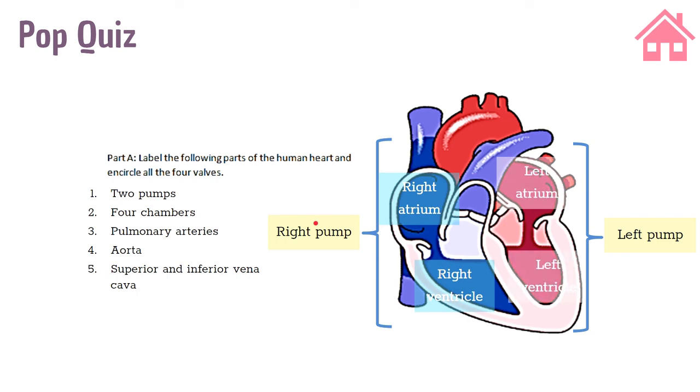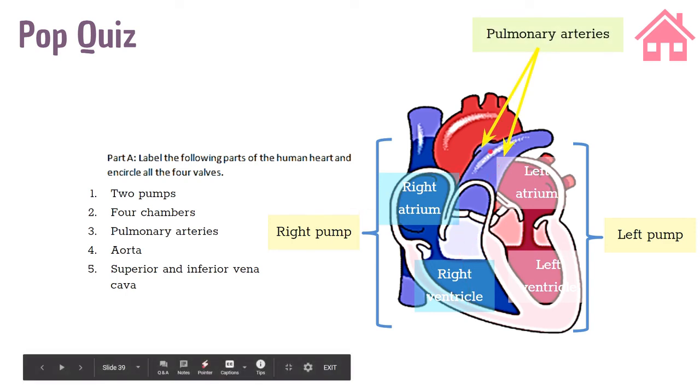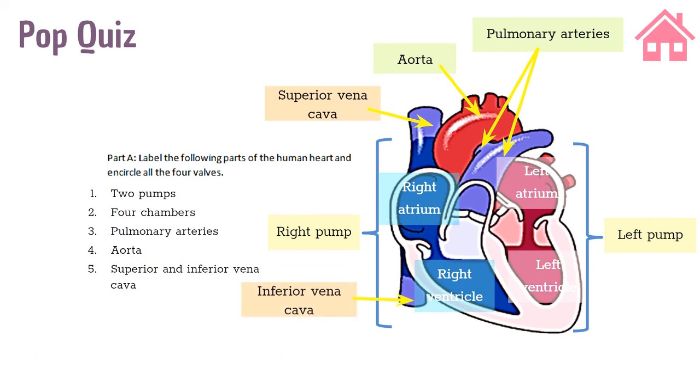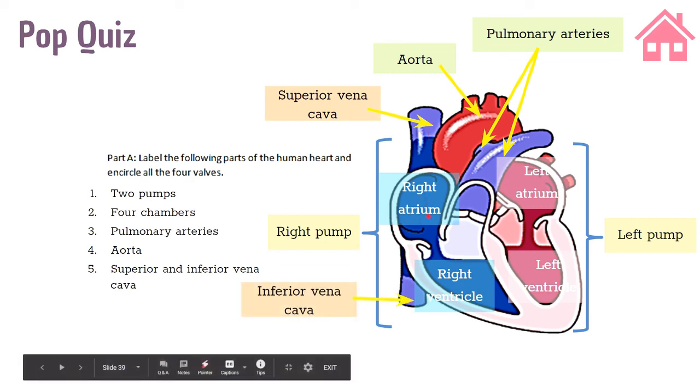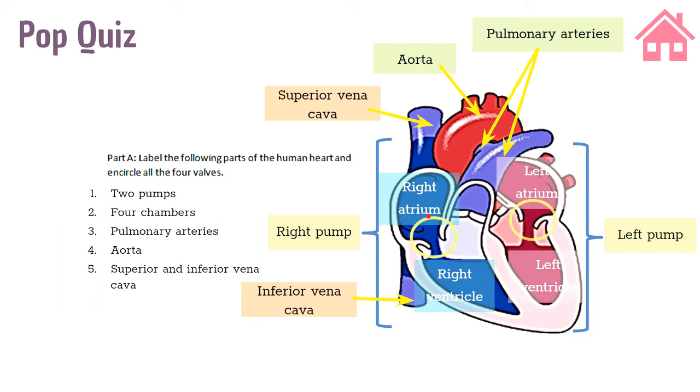The pulmonary arteries are shown here, coming from the right ventricle. The aorta is shown here, coming from the left ventricle. The superior and inferior vena cava go into the right atrium. And then these are the valves: the tricuspid valve, bicuspid valve, pulmonary valve, and aortic valve.